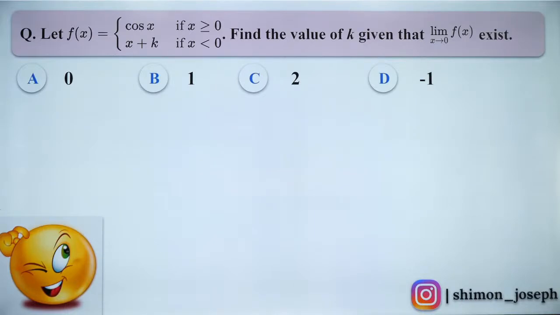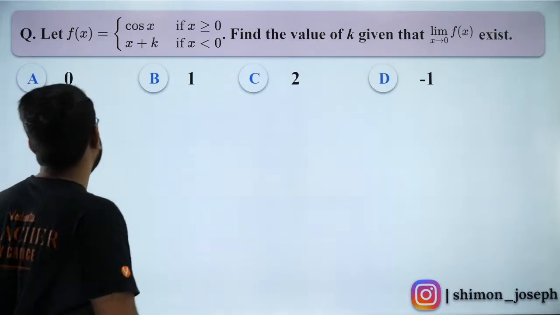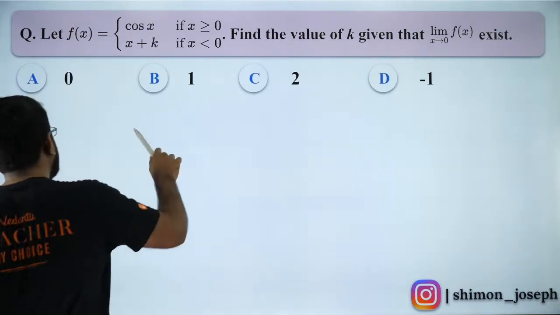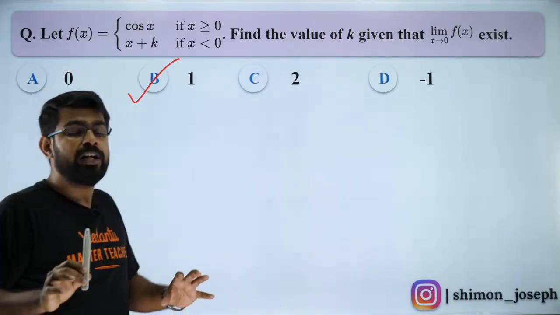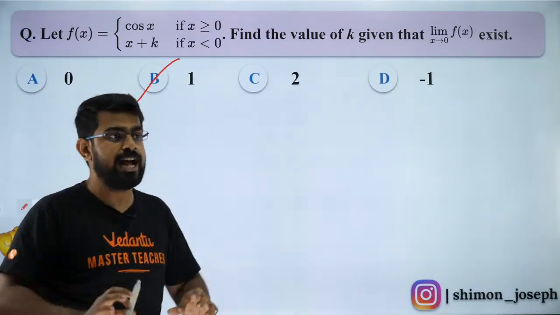Very good, Aryan, Sanjay, and then we have Nancy, and all the others are also getting it correct. Naja Fatima is also right. Very good, guys. The answer is absolutely right. It is option B.